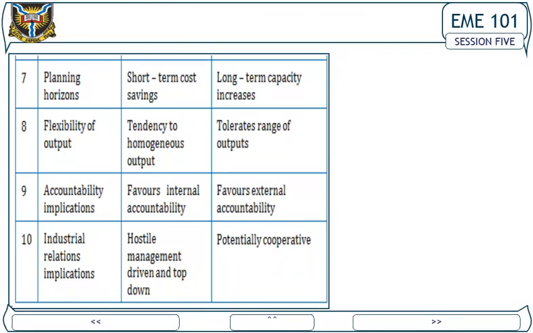Planning horizons: short-term cost savings, long-term capacity increases. Flexibility of output: tendency to homogeneous output, tolerates range of outputs. Accountability implications: favors internal accountability, favors external accountability.